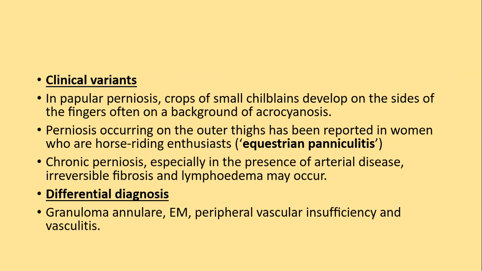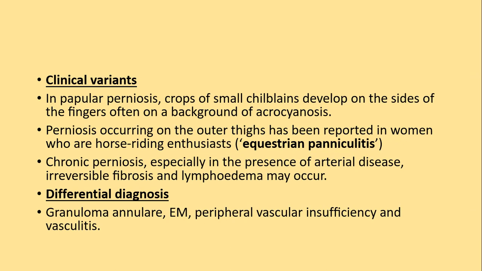The clinical variants. In papular perniosis, crops of small chilblains develop on the sides of the fingers, often on the background of acrocyanosis. Perniosis occurring on the outer thigh is reported in women who are horse riding enthusiasts, which is called equestrian panniculitis.